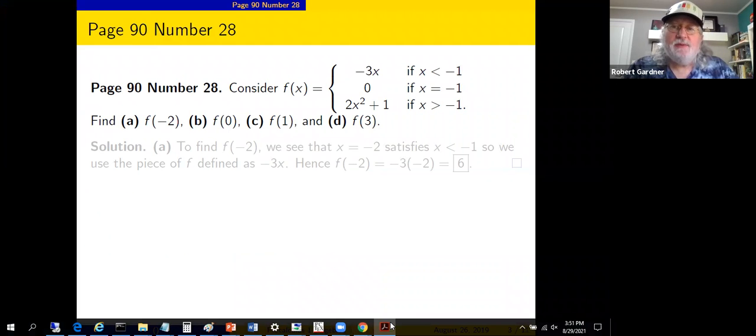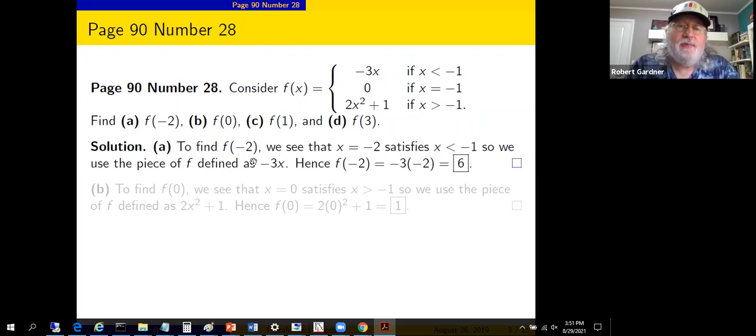Number 28 gives a piecewise defined function. Asks you to find some function values. Okay. We'll just plug -2 in. Wherever I see an x, I'll put a -2 in the appropriate piece of the piecewise defined function. Pieces are based on x being less than -1, equal to -1, and greater than -1.